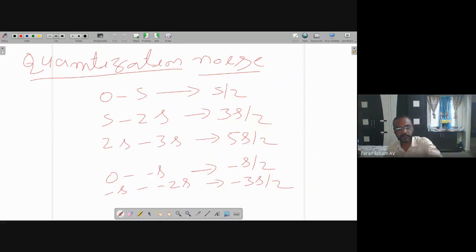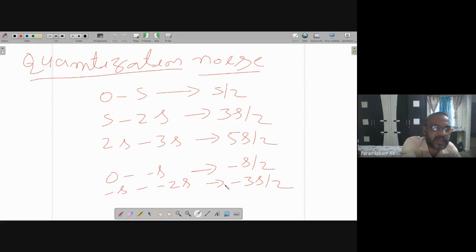Similarly, if the sample lies between 0 and S, all the voltages between 0 and S are mapped to S by 2. Can anybody tell what is the maximum error and what is the minimum error in this case?